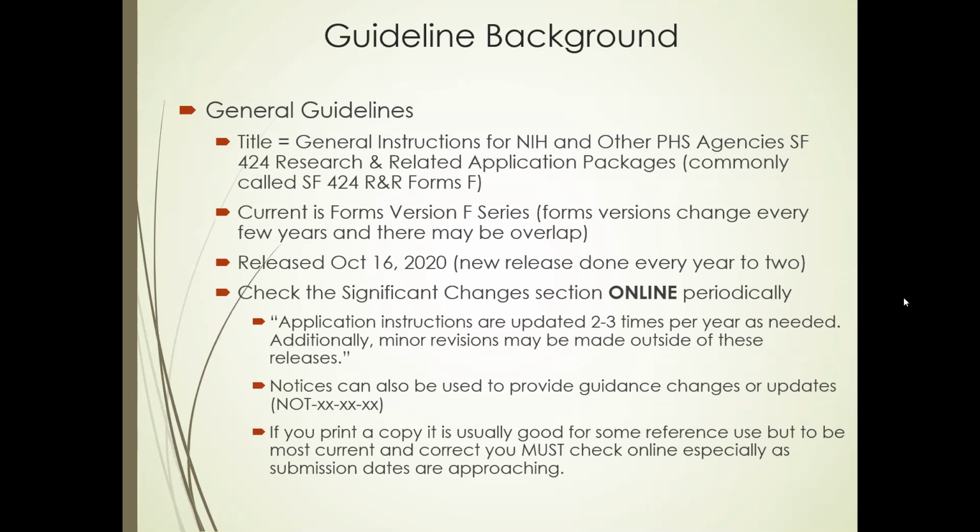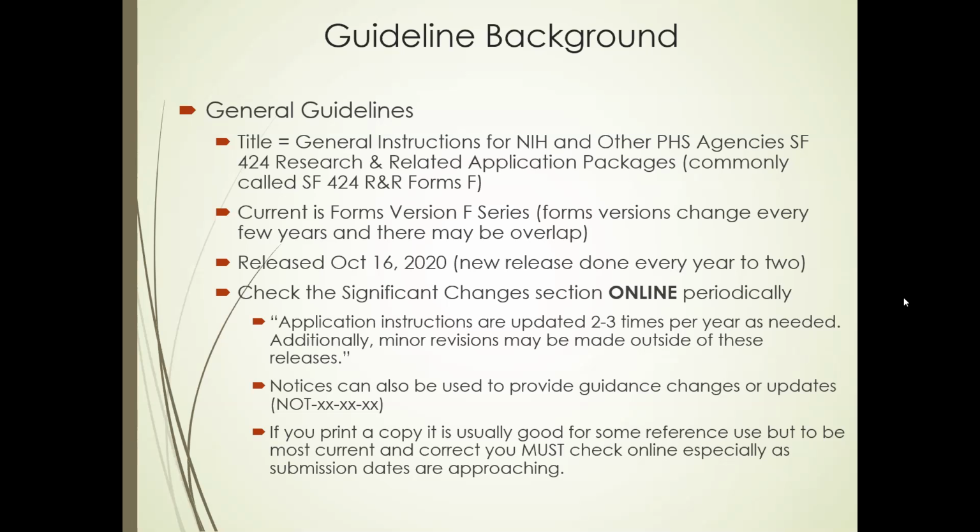And when they go through these series swaps, there'll be an overlap period, usually for a few months, where you have to watch your application packages and your solicitations to make sure that you're using the right version, because you could have some that fall under the old format and some that fall under the new one. The current one that we're using was released on October 16th, 2020.